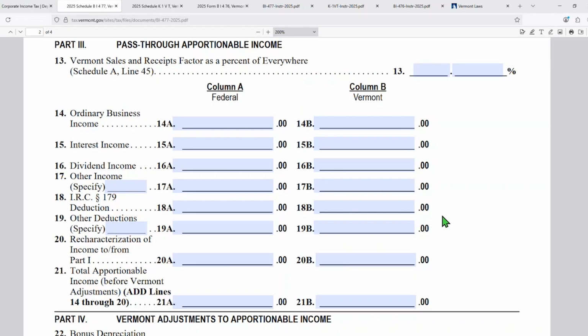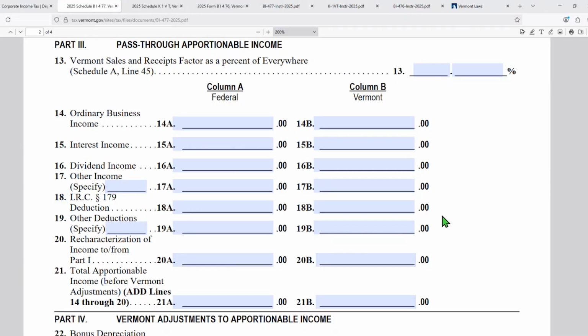And then, as I said before, I talked about line 20 a little bit. That's the recharacterization line. One difference with the recharacterization line is that column B in this part is populated entirely by multiplication. So if there's ordinary business income or investment or interest income being reported on 15A, there's going to be a number reported on 15B, even if you're recharacterizing it.